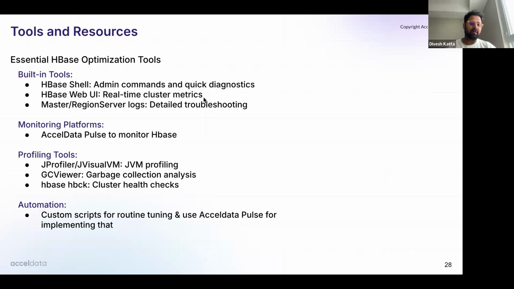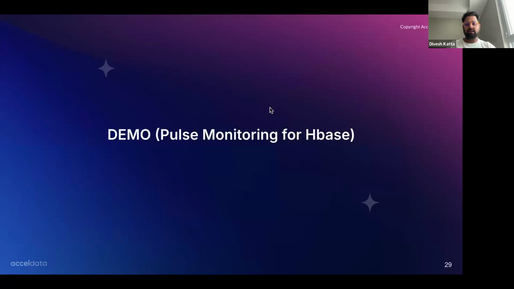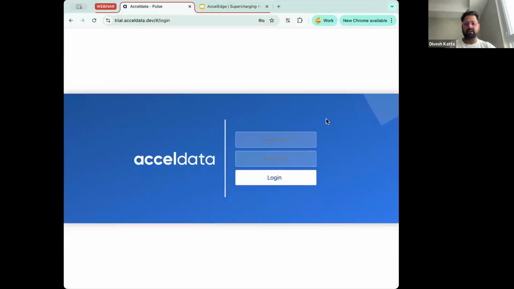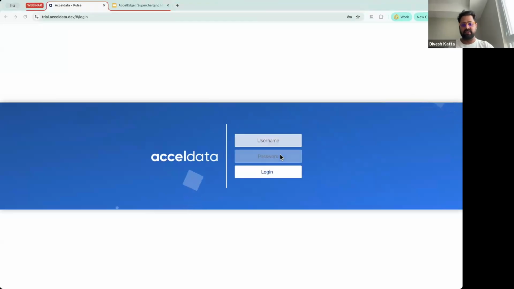Don't forget to document optimizations. Once you find settings that work, script them for consistency across the environments. This prevents configuration drift and makes it easier. Let me give you a quick demo of Pulse and how you can utilize it as an HBase monitoring solution.